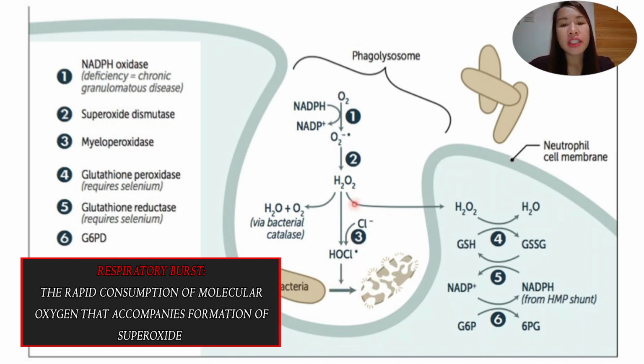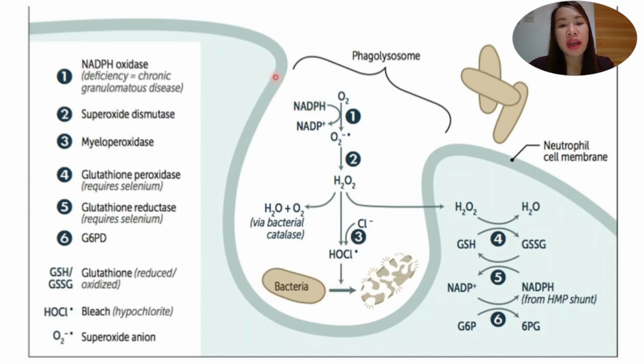Now, I want you to imagine, what if in the first process pa lang, after ng engulfment, in-engulf na natin yung bacteria, walang NADPH to convert oxygen to superoxide. So, walang superoxide, walang hydrogen peroxide, which will be, together with the chloride, converted to hypochlorite, which is a major component of bleach.